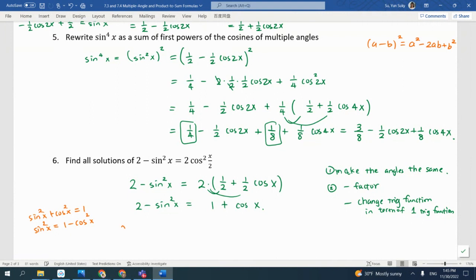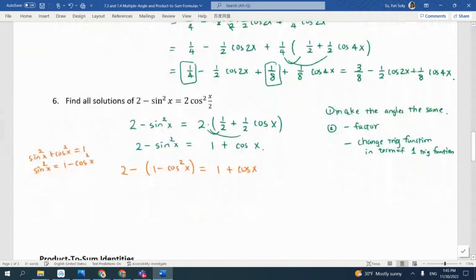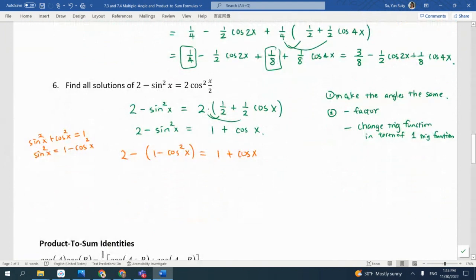Therefore, 2 minus sine square is 2 minus 1 plus cosine square, which equals 1 plus cosine x.